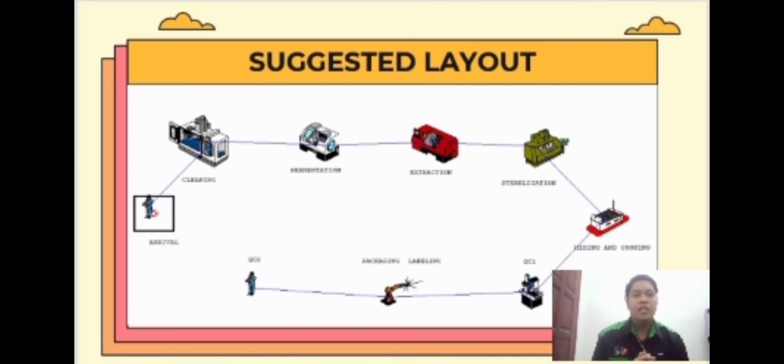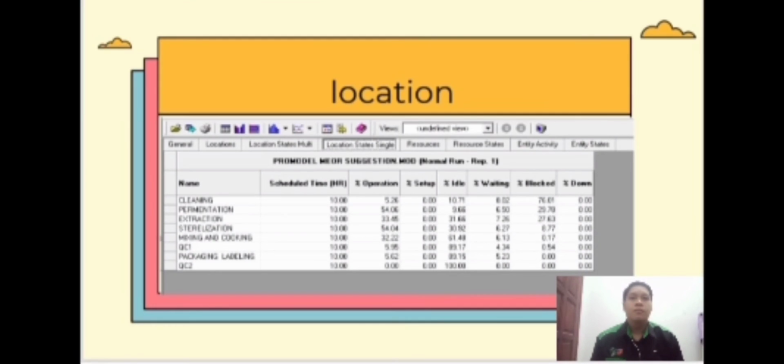That is, the packaging and labeling part is combined with the process before being sent to another quality control to make sure the quality is the same as the original layout. As we can see here, all machines can operate well after the modification and disposal of some processes. There are no problematic parts or downtime in the production line.